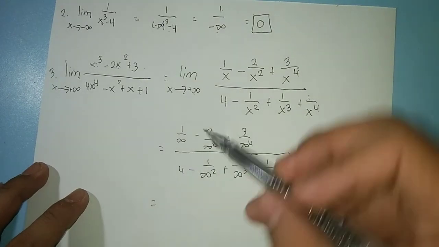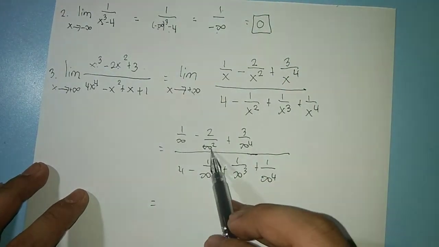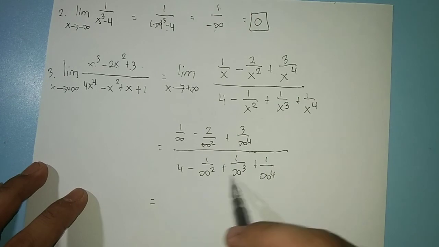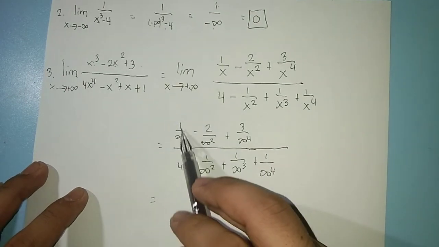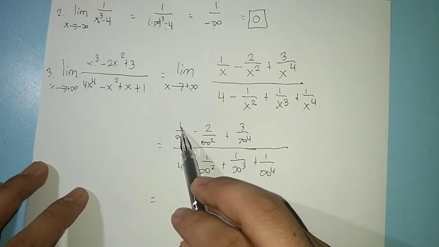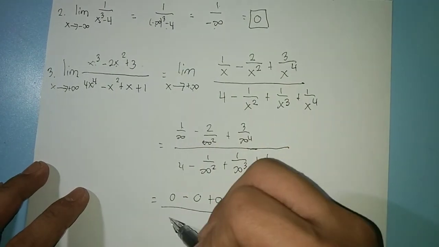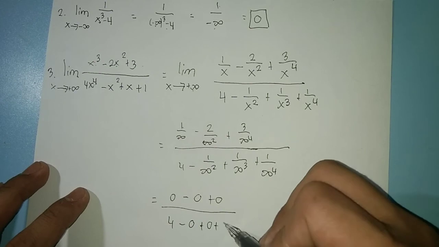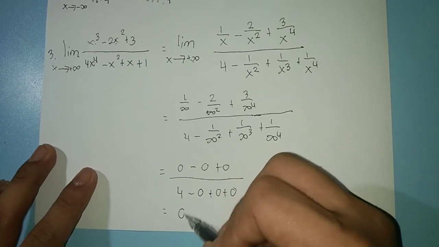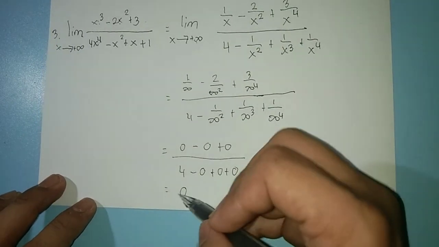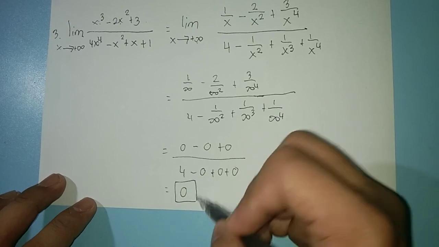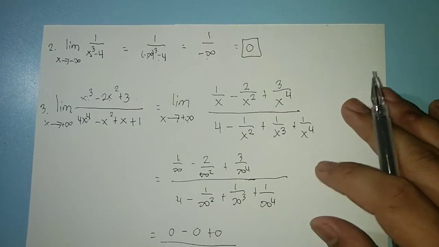Then, infinity squared, infinity lang din naman yan. Basta infinity yung denominator, tapos constant yung numerator. According to our theorem, that is 0 minus 0 plus 0 over 4 minus 0 plus 0 plus 0. So, this will be 0. Okay, so ang haba ng proseso, 0 lang din pala.